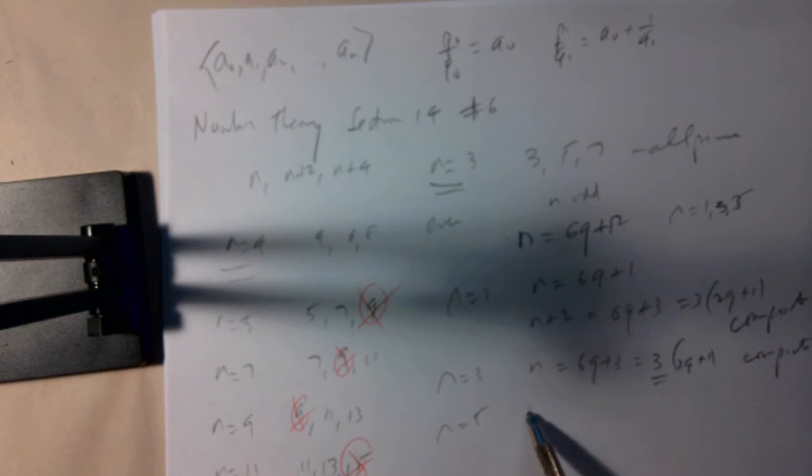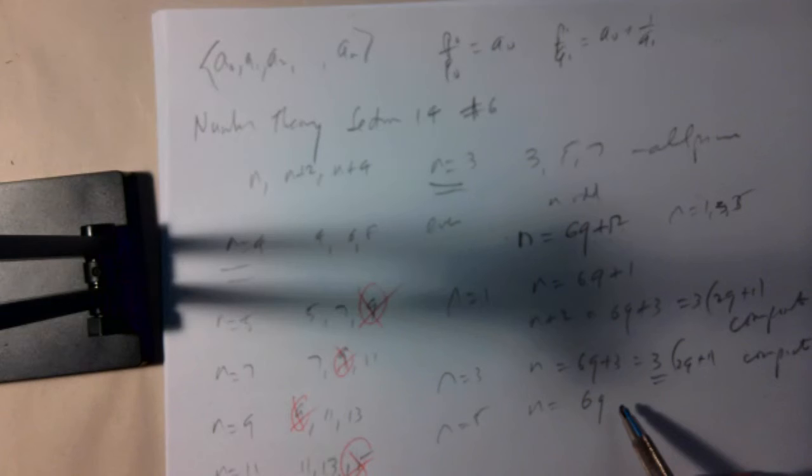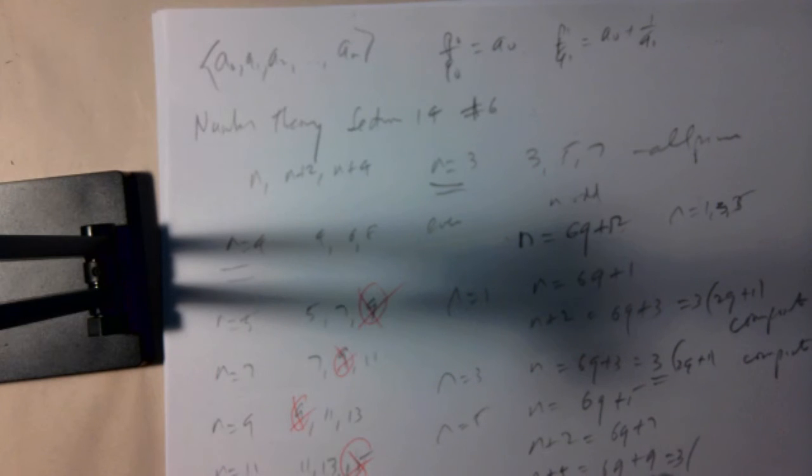If r equals 5, n is 6q plus 5, n plus 2 is 6q plus 7, that might be okay, but n plus 4 is 6q plus 9, which is 3 times 2q plus 3, which is divisible by 3. So it's composite. So in all three cases, you get a composite number.